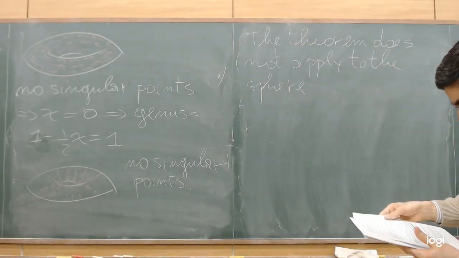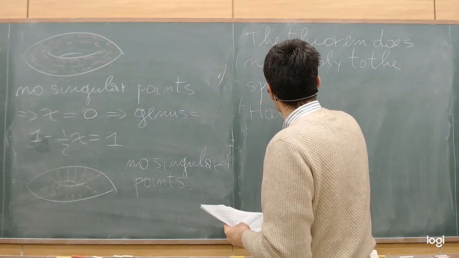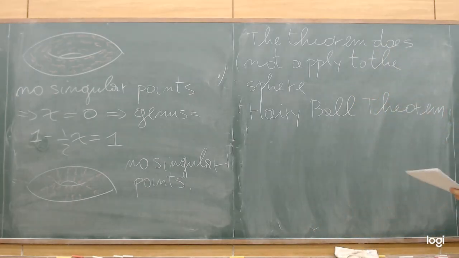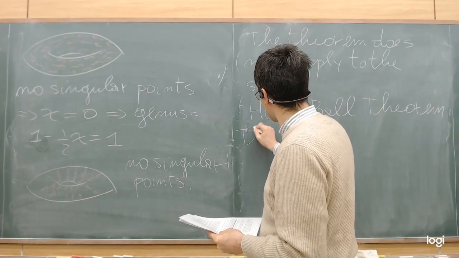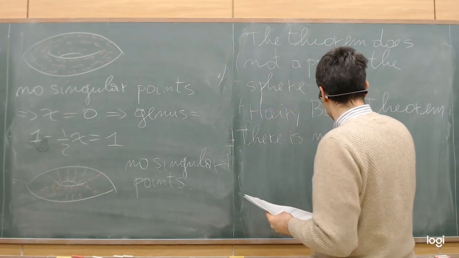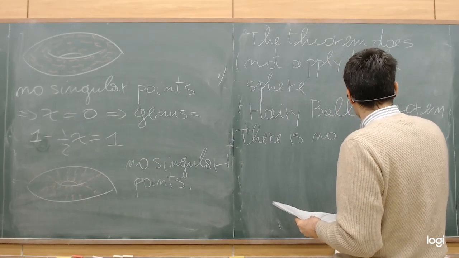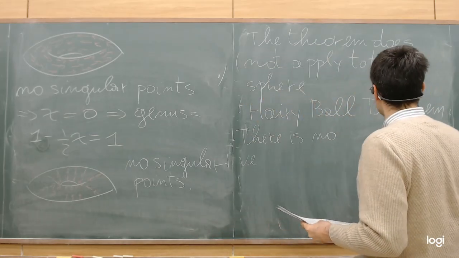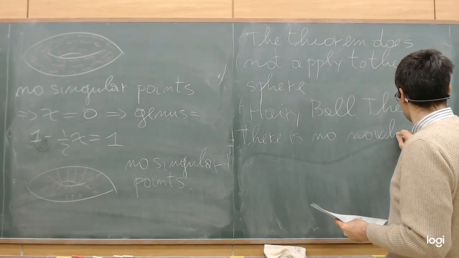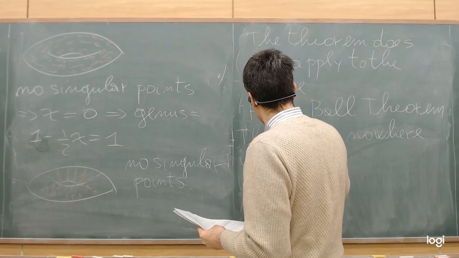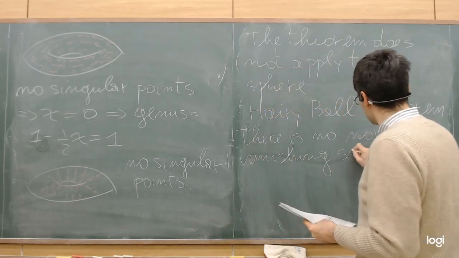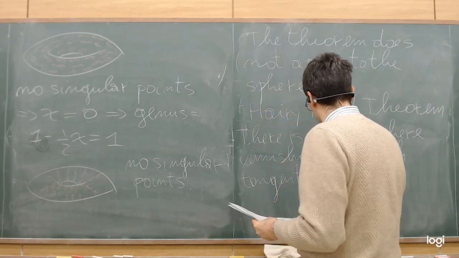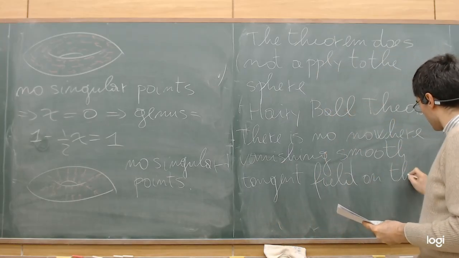Because we have the Hairy Ball theorem, which essentially says that there is no nowhere vanishing smooth tangent field on the sphere.